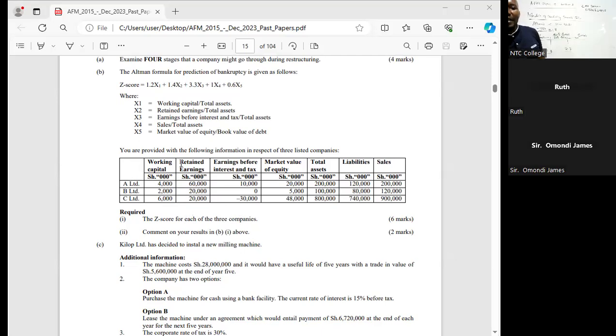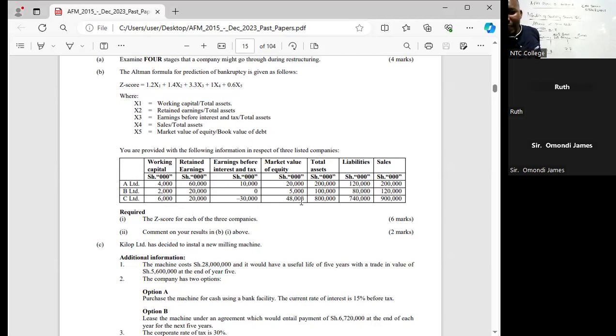The working capital is given, which is X1. It will help you there. You now need to know where the total assets are. Do you have total assets given here? Ndio hii total asset, working capital. Retained earnings ndio hii, total asset ndio hiyo. Earnings before interest and tax, EBIT ndio hii na umepewa. We also have sales ndio hii. You've been given that, and then the market value. So your role is just to come and punch in.